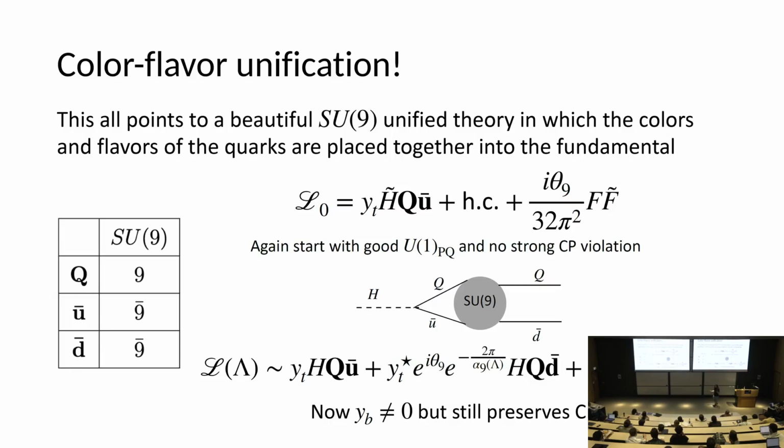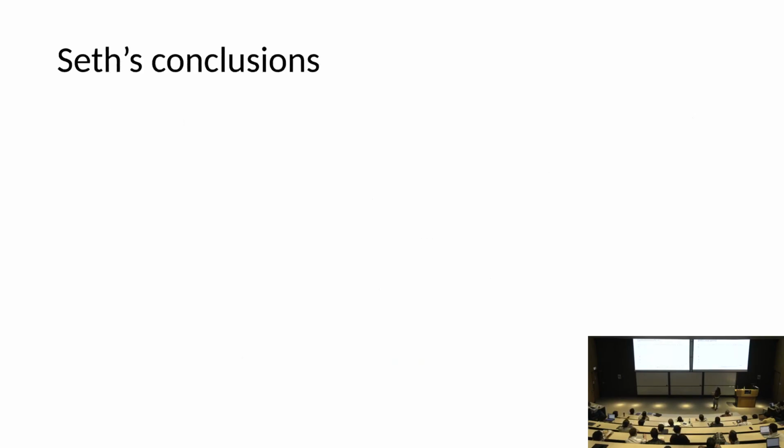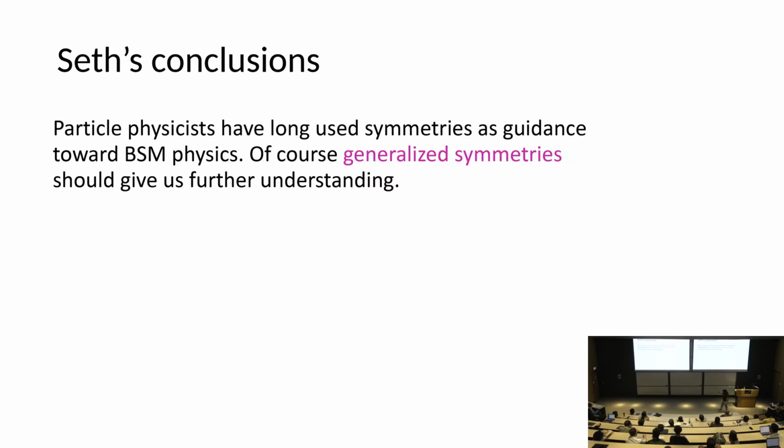Of course, there's tons of phenomenological stuff I'm skipping, but let me come to my conclusions, because it's 2024 and you have to back yourself. We've long understood that symmetries give us crucial guidance to BSM physics. Of course, we learn now that there's some broader class of symmetries that we ought to think about. That should give us lots of extra understanding of fundamental microphysics.